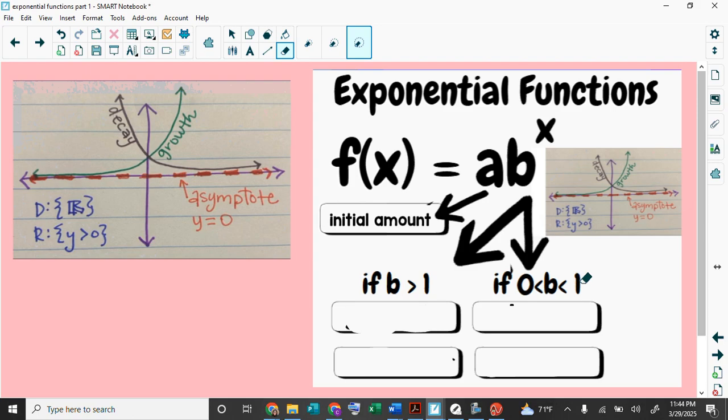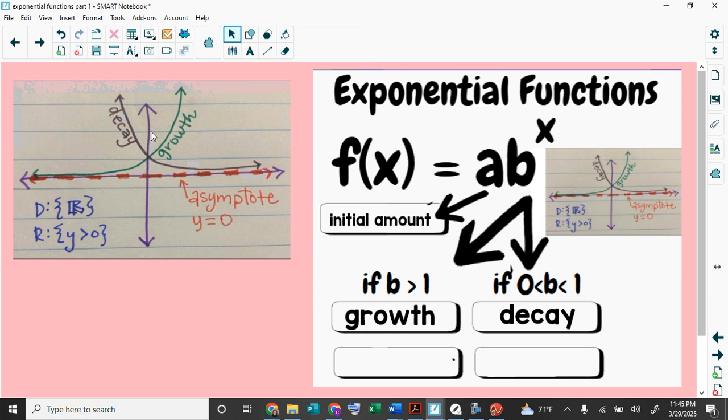It's not going to be negative if it's a function. If it is greater than 1, it's a growth function, exponential growth, which is this green one. It goes up. If it's between 0 and 1, it's a decay, like 0.5, 0.7. It's a decay, so it's going down here.